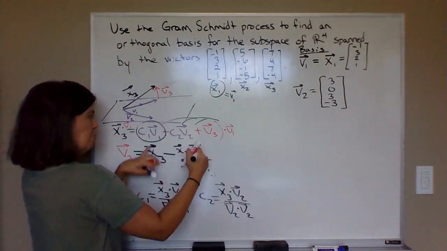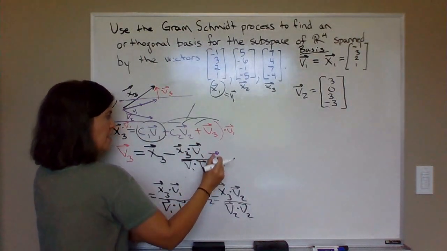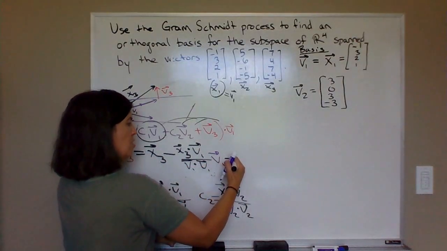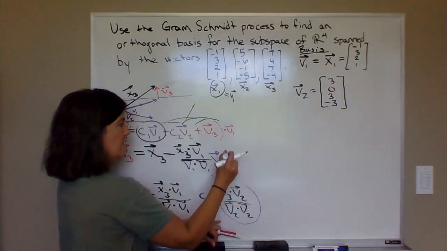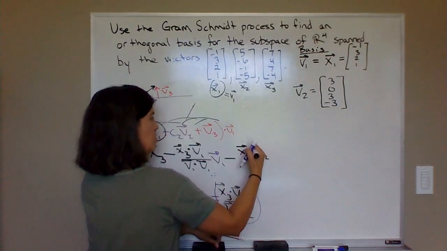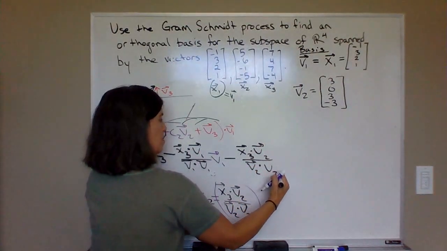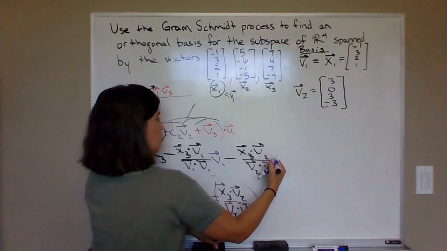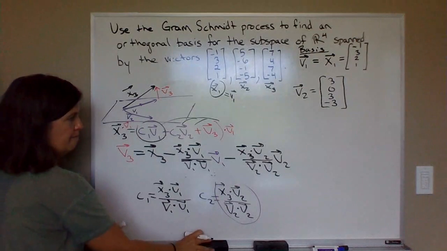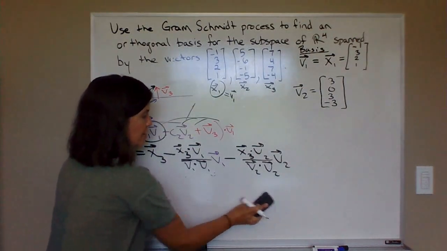That's our scalar multiple of V1. And then also take away this C2 V2. So also take away C2, which is this, x3 dot V2 over V2 dot V2 times vector 2. Okay. And so here's your formula for finding that third basis vector.